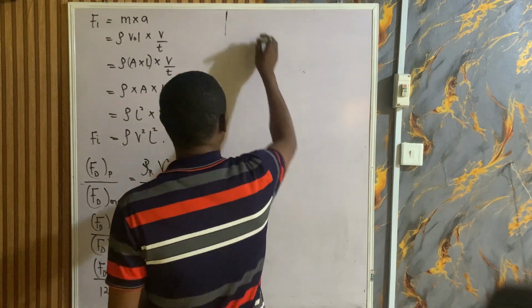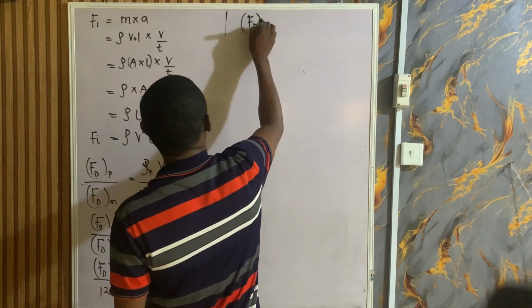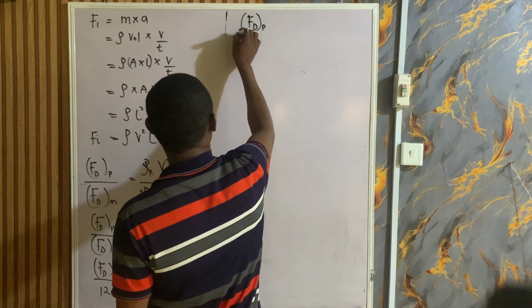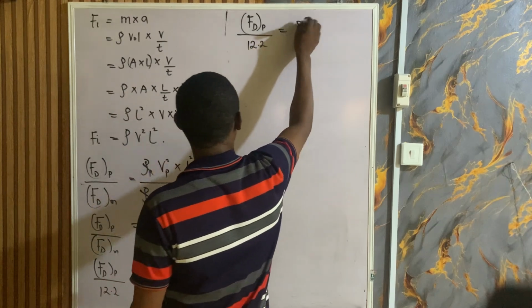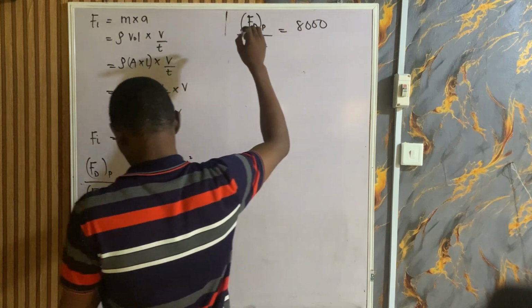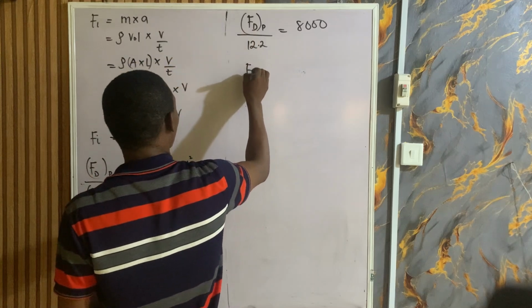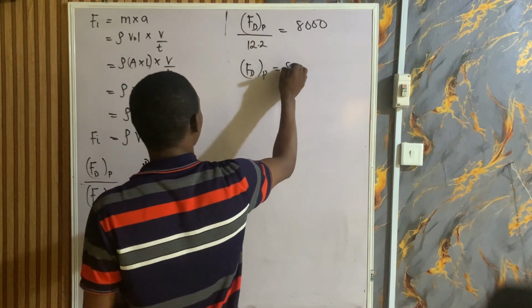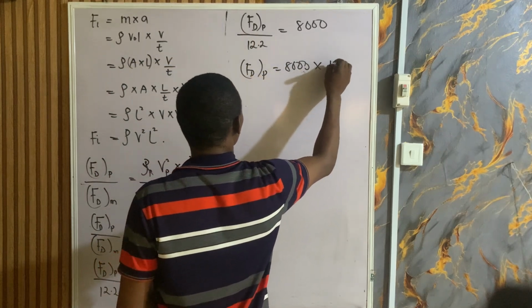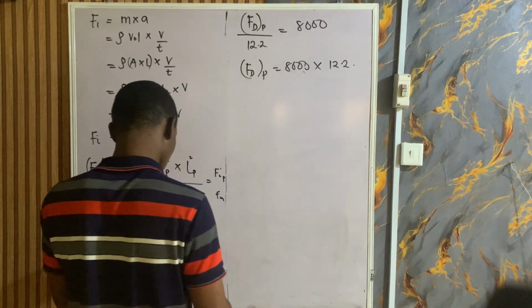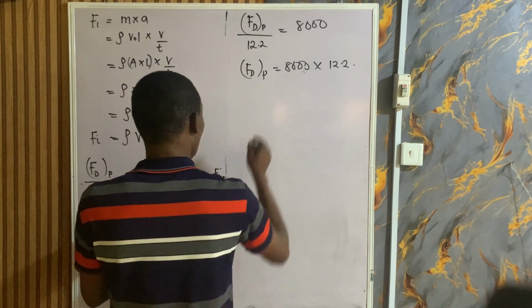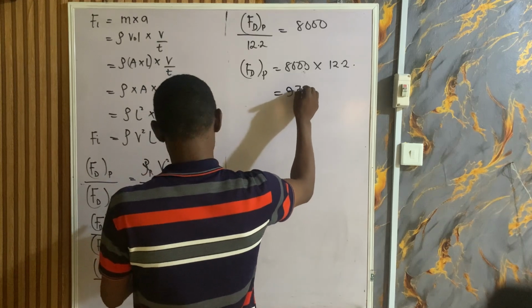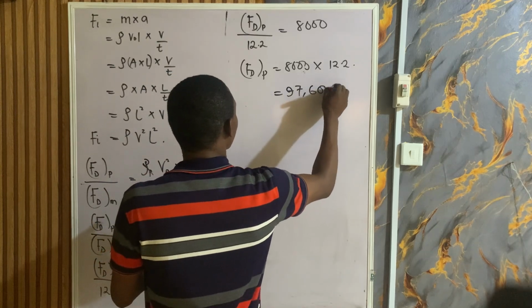That gives us the drag force for the prototype over 12.2 equal to about 8,000. Then the drag force for the prototype will be 8,000 times 12.2. That's 97,600 Newton.